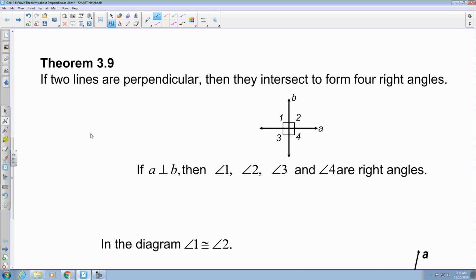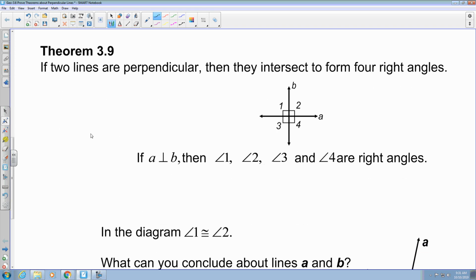Here we have theorem 3.9, which states that if two lines are perpendicular, then they intersect to form four right angles. It kind of piggybacks off of theorem 3.8. Angles 1 and 2 are a linear pair, they are supplementary, and they are congruent, so each is 90 degrees.